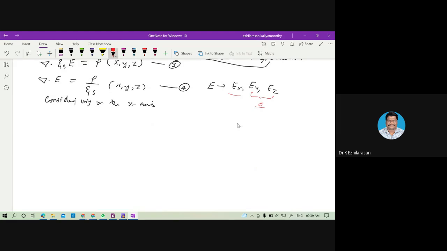Here I can write where Ex will be dou phi by dou x, then Ey will be dou phi by dou y, then Ez will be dou phi by dou z. As the y and z components are 0, the only existing one is dou phi by dou x.